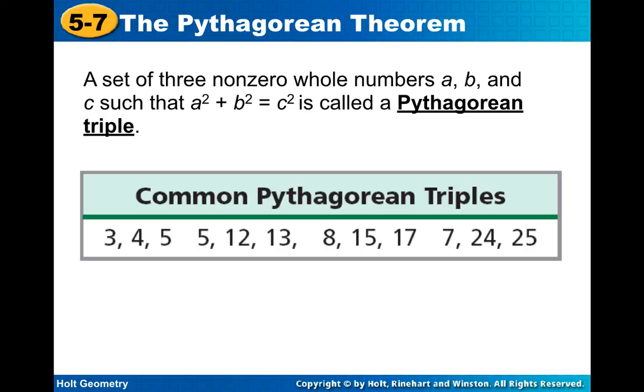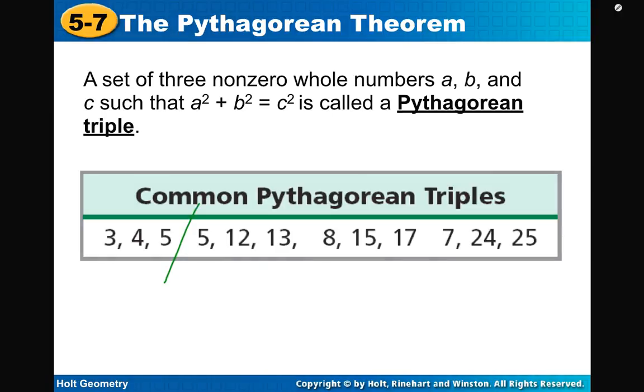That's called a Pythagorean triple. So numbers 3, 4, 5, those 3 are a Pythagorean triple because 3 squared plus 4 squared does equal 5 squared. Checking that out, 9 plus 16 is 25.